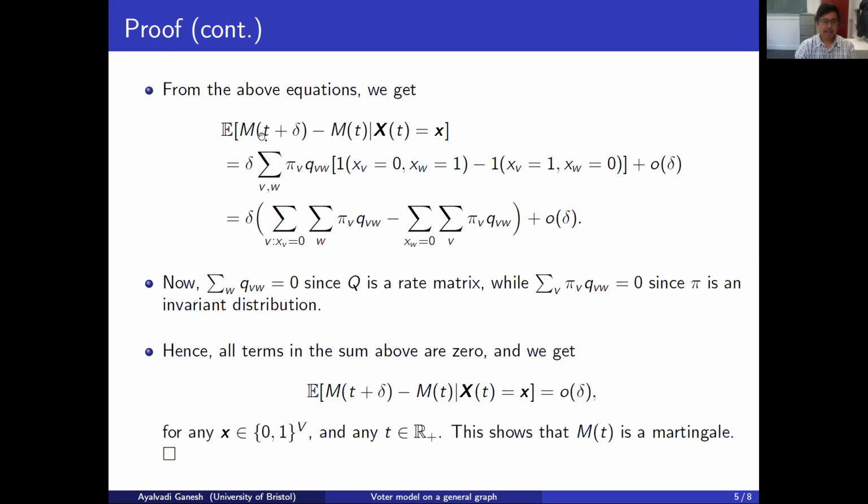So the expectation of mt plus delta minus mt, given that the voter model was in configuration x at time t, is delta times the sum of these rates. So I'm skipping some steps here. I should fill in some missing steps, which I thought were already there.